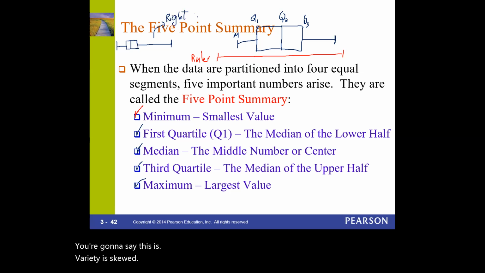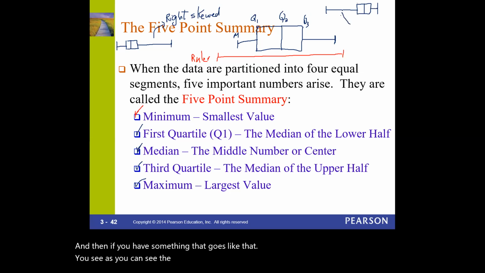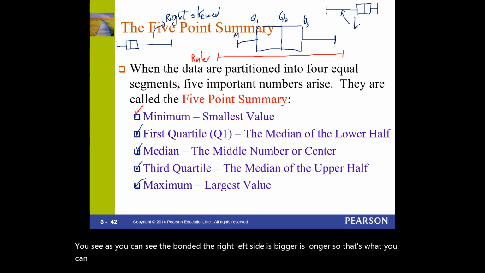And if you have something that goes like that, as you can see, the left side is bigger, is longer. So you can say this is left skewed.